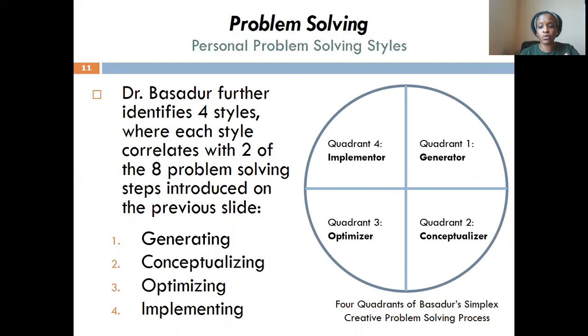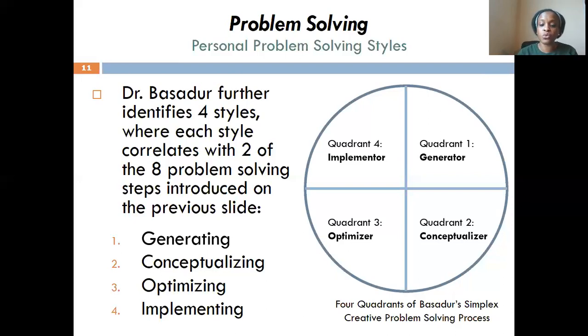Just to mention that quadrant 1 and 2 fall under the divergent process, while quadrant 3 and 4 fall under the convergent process. So the generator in quadrant 1 comes up with a lot of ideas. Examples of folks in quadrant 1 would be people like Steve Jobs or Elon Musk that can come up with so many different ideas for a particular problem.